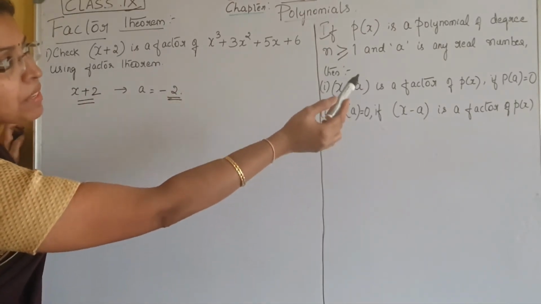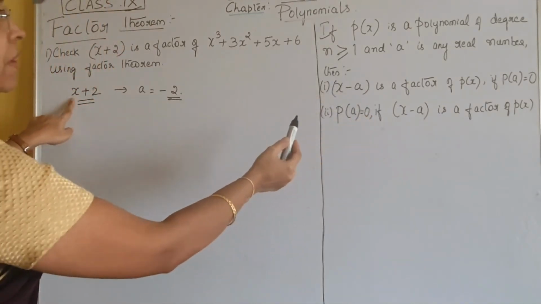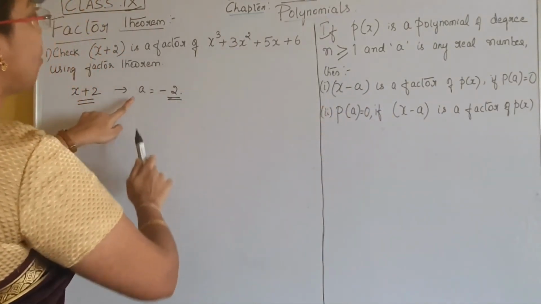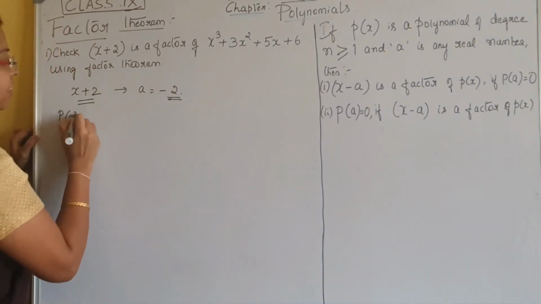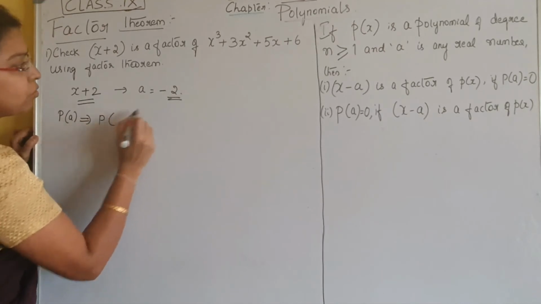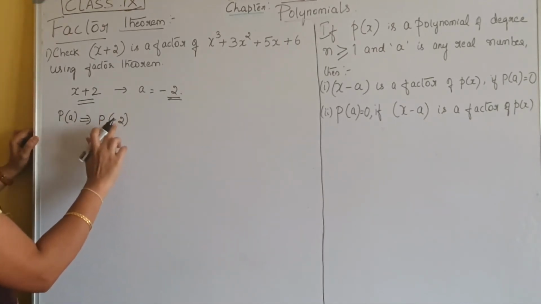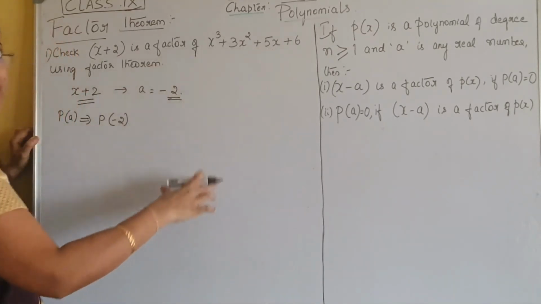P of a will be 0. x minus a, that is x plus 2, is a factor of this polynomial if p of a is 0. That is, p of a is nothing but p of minus 2. What is p of minus 2? We are going to substitute minus 2 in this polynomial and get the value.